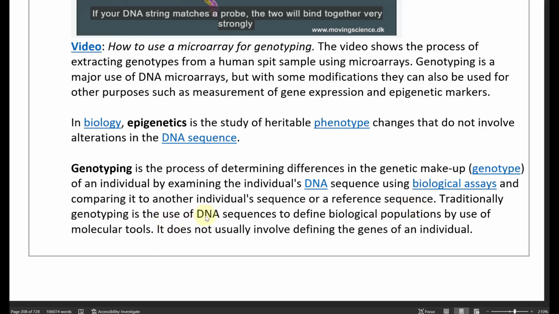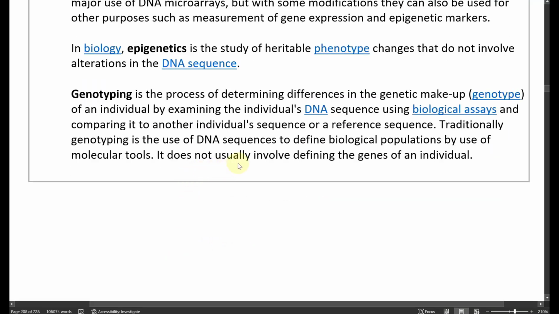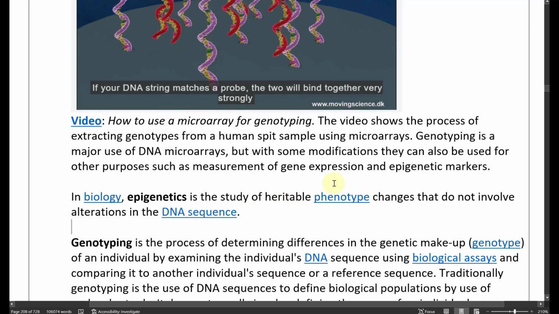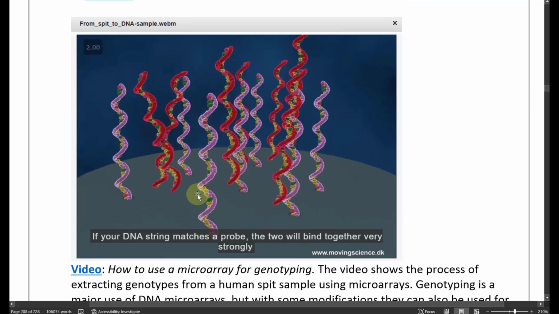Traditionally, genotyping is the use of DNA sequences to define biological populations by use of molecular tools, and it does not usually involve defining the genes of an individual. So it's used to see the differences in genetic makeup between an individual and a specific sequence that you're referencing, or another person's individual sequence. And epigenetics is the study of heritable phenotype changes, or observable traits, that do not involve alterations in the DNA sequence. We'll get to this more later in this video.